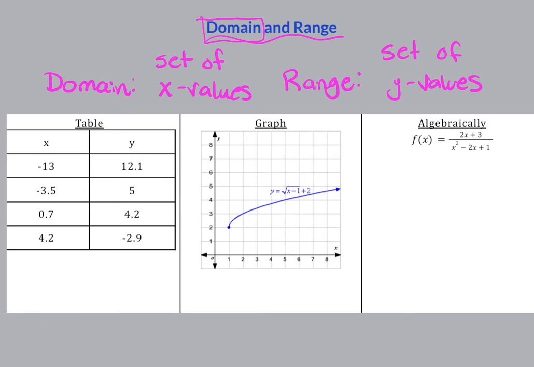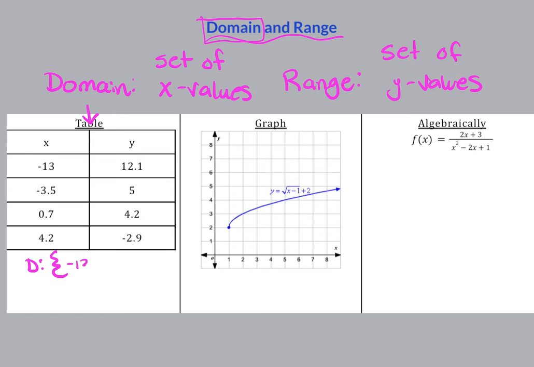So probably back in, I don't know, pre-algebra, algebra 1, maybe you just had a table. So this table doesn't imply that there's a continuous function going on at all. So if I'm going to list the domain, it's just listing the x values separately.